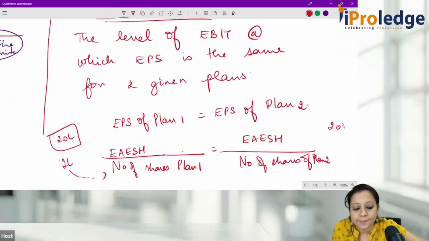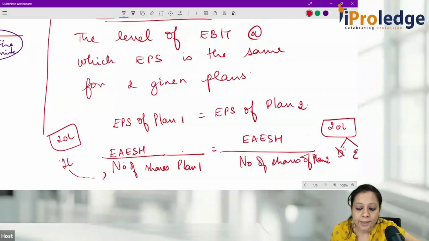I need 20 lakhs, but I am financing 50% through debt and 50% through equity. So debt I'll not consider now, because I'm talking about the number of equity shares. So this is 10 lakhs and this is 10 lakhs. With equity shares of rupees 10, the number of shares will be 1 lakh in option 2. So that is what we are trying to equate.